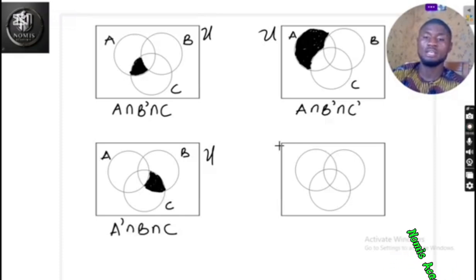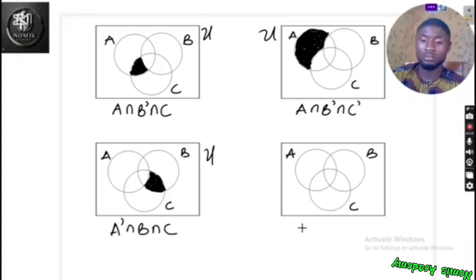So let's take the sixth example. Let's take this as our A, B, and C. What do we want to show here? A complement intersect B intersect C complement.